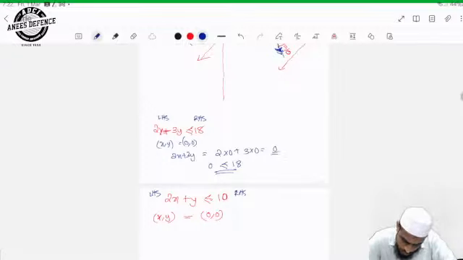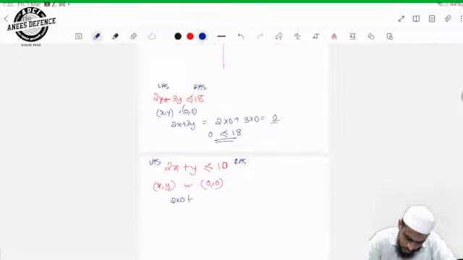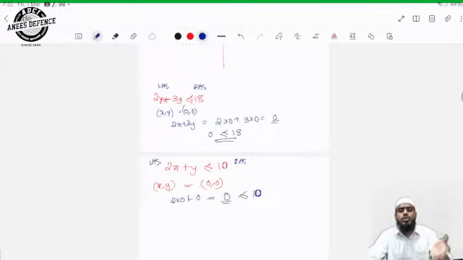So you will be able to write 2 into 0 plus y, y equal to 0. So you are getting the answer 0. That is less than 10. So here also 0 is less than or equal to 10. That means our inequality is satisfied.